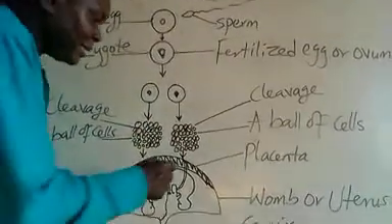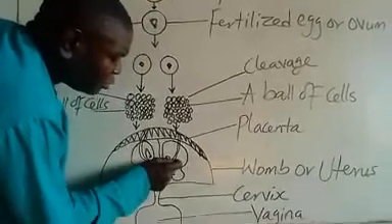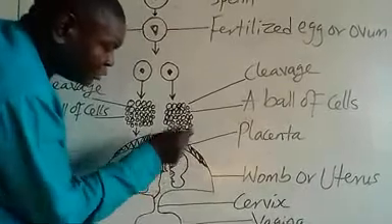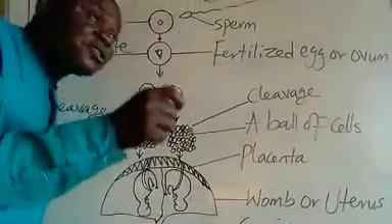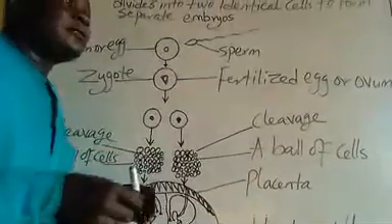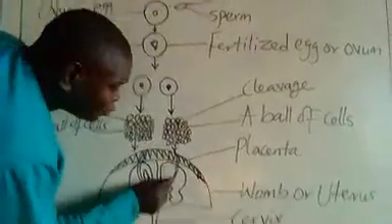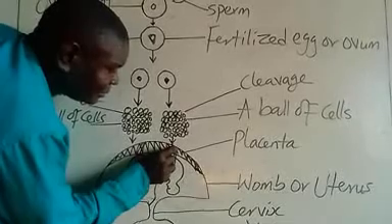The waste products like urea, carbon dioxide, and the rest of them will pass through the umbilical cord down to the placenta.